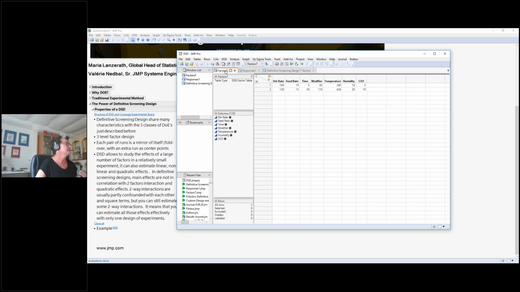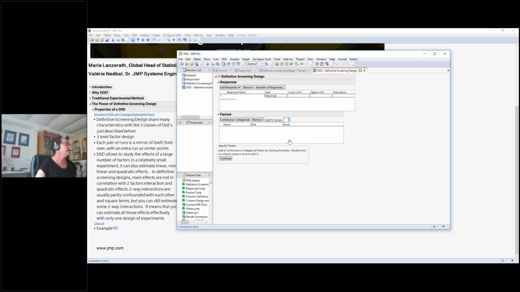So how would you build a DSD using JMP? The DSD is under the DOE menu, and there you have definitive screening designs. If you open it, here is where you can enter all your different responses, if you have more than one, and all your different factors.